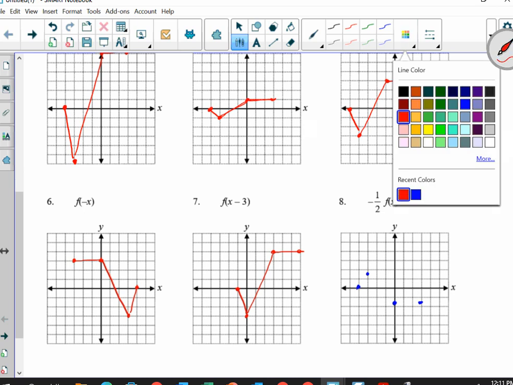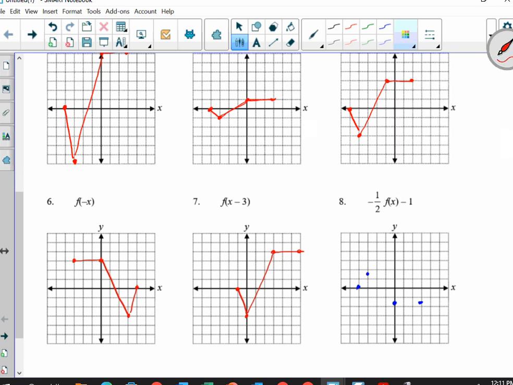And then my final part, where do we go? Right one. Down 1. That is not a straight line. There we go. Hopefully yours is prettier than mine.